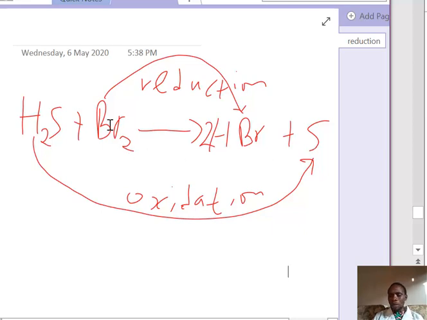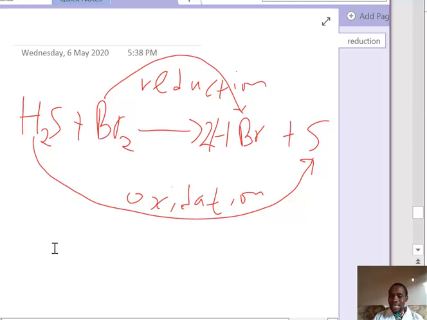And when you look at bromine here, it is without hydrogen. Here you can see hydrogen is added to it. And we said that reduction is the addition of hydrogen, meaning here is the opposite of that of oxygen.